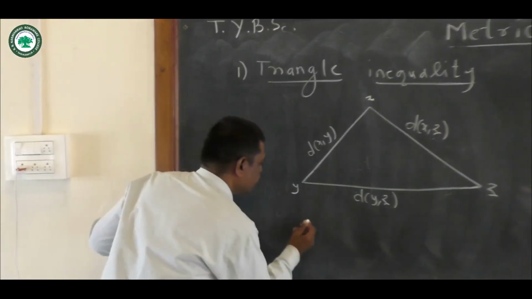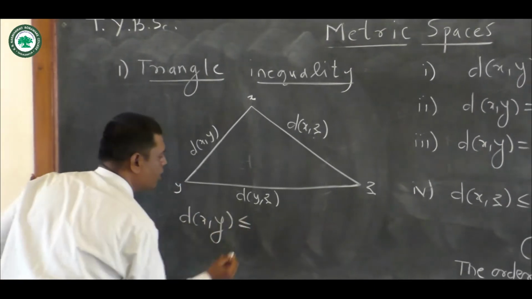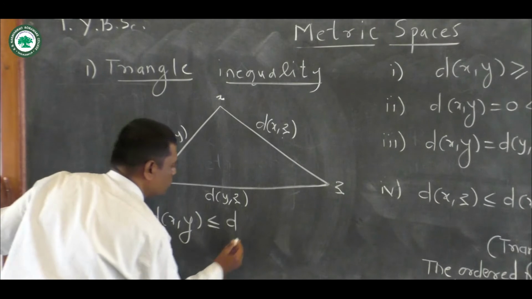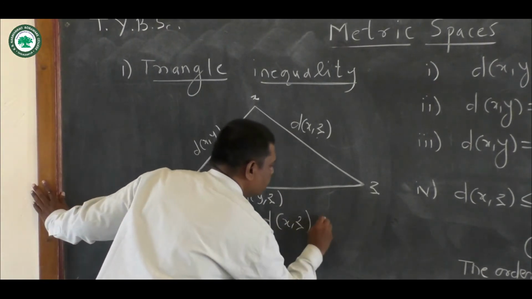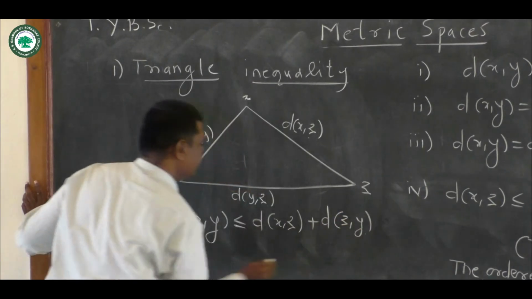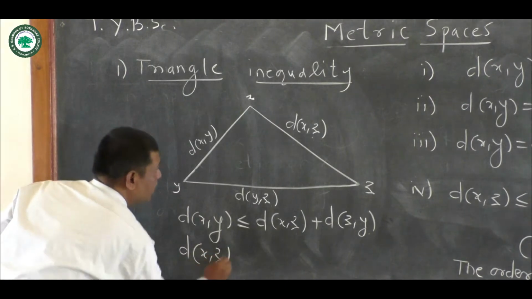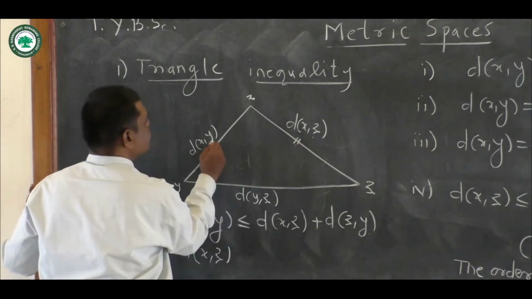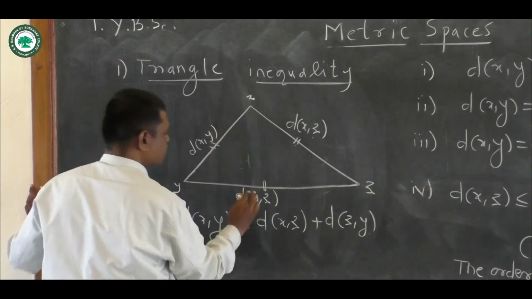That is, the distance between x and z is always less than or equal to the distance between x and y plus the distance between y and z.